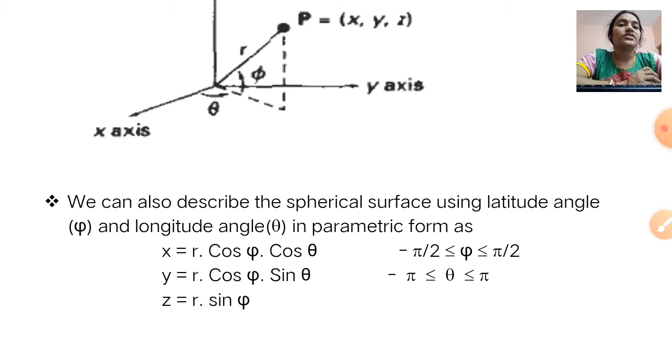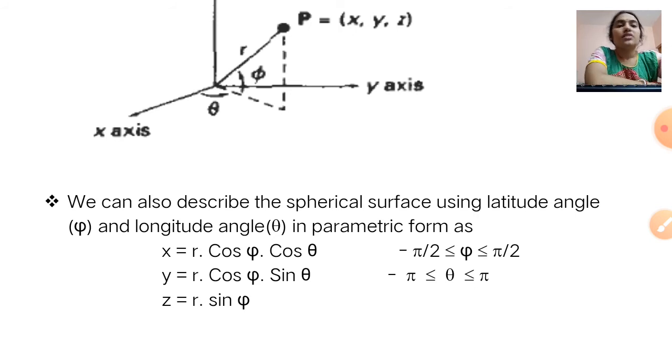And z equals radius r into sin phi. So this is the sphere in parametric form using the latitude angle phi and longitude angle theta. We describe these equations in a parametric form.